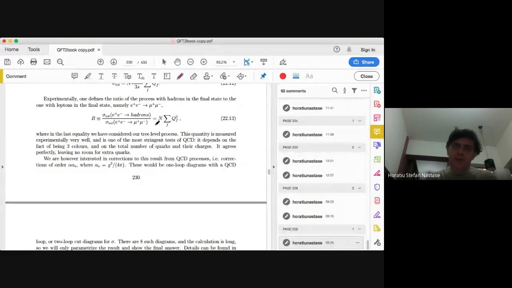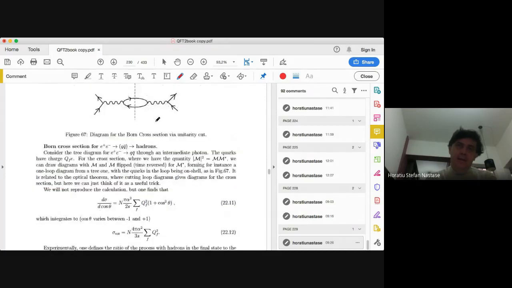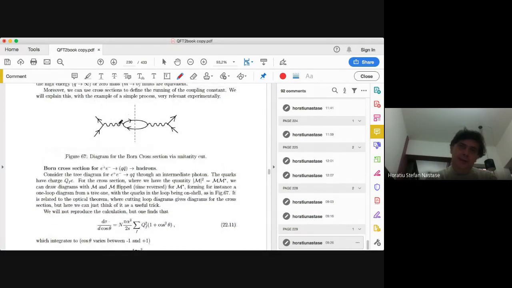However, this was the result at tree level, and we're interested in corrections to it. So this is tree level plus one loop, plus two loop, plus three loop, and so on, in alpha strong. Then what we would do is consider the process with e plus e minus going to Q Q bar with one loop somewhere.